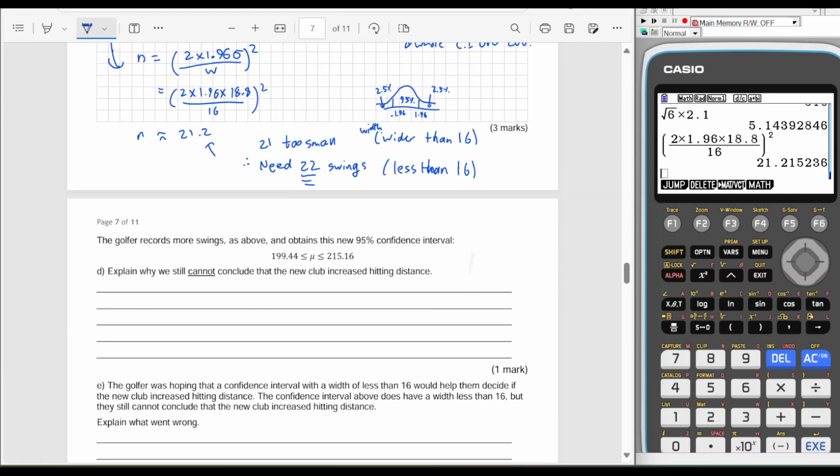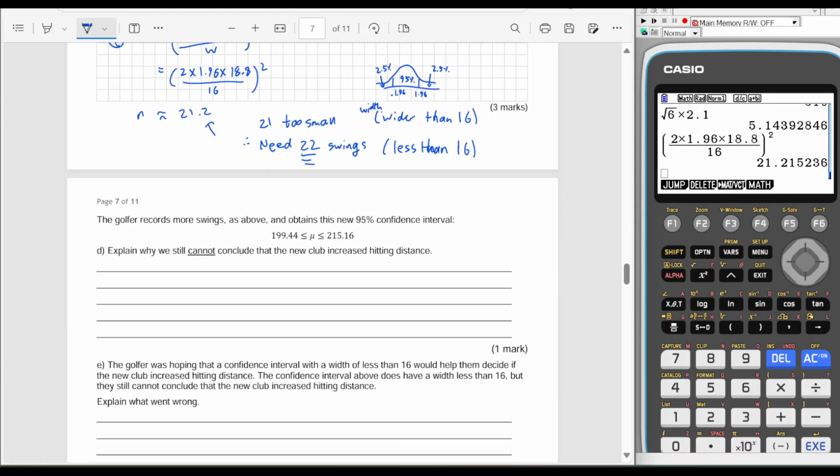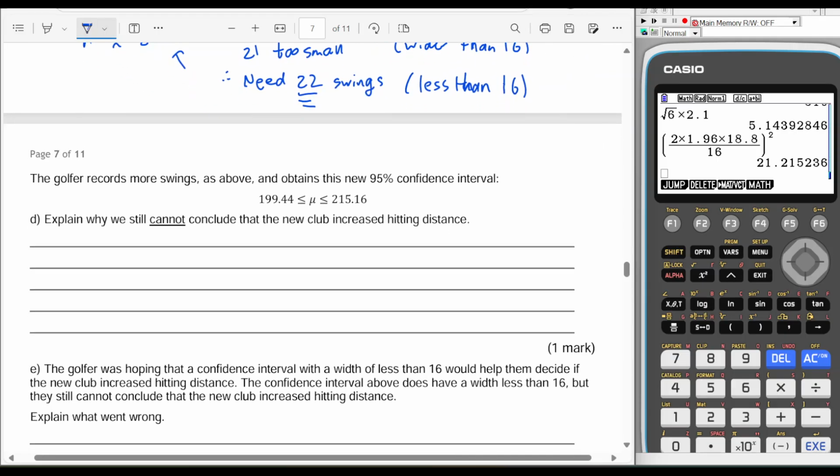Okay. The golfer does the confidence interval with 22 swings, and they get this. So why can we still not conclude that the new club has increased hitting distance? Because 200 still lies within the confidence interval.